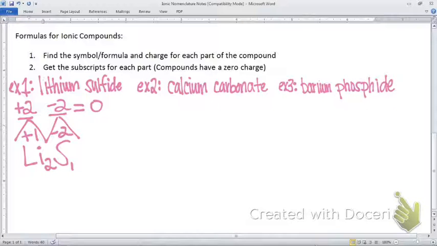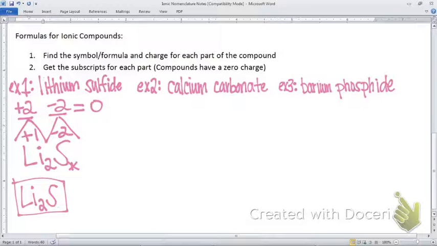To get the correct formula, though, we cannot show charges. It's going to be Li2S. We actually do not show 1s within our formulas, so that would be incorrect up there. Li2S is the correct formula for lithium sulfide.